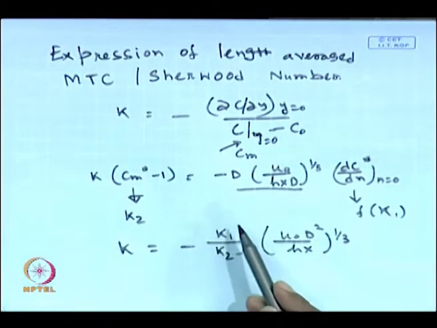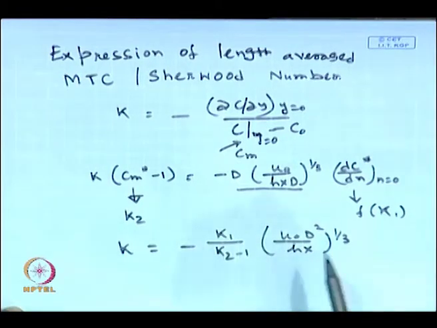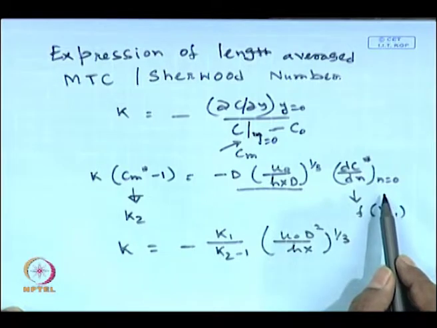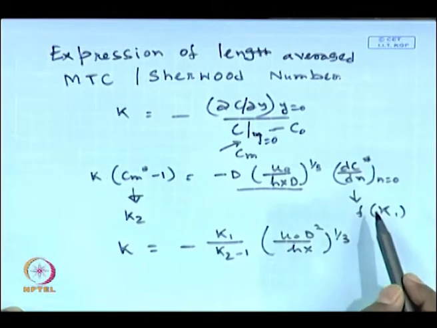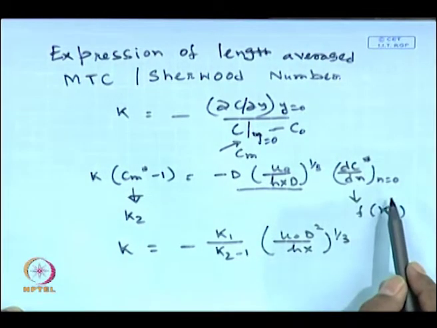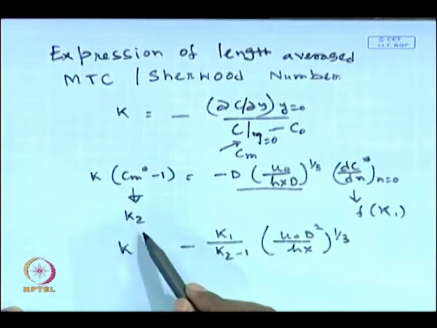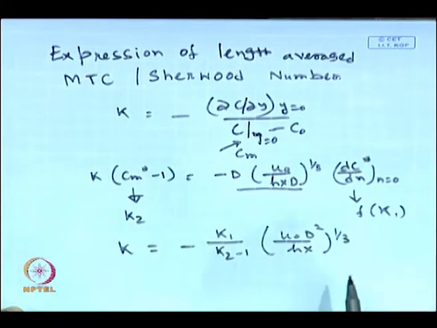I omitted a couple of steps here. You just get the expression of dc star d eta at eta equal to 0, which we derived in yesterday's class, and that is a function of the constant of integration K1, and Cm star is nothing but the constant of integration K2. Once you substitute that, you will get this expression.